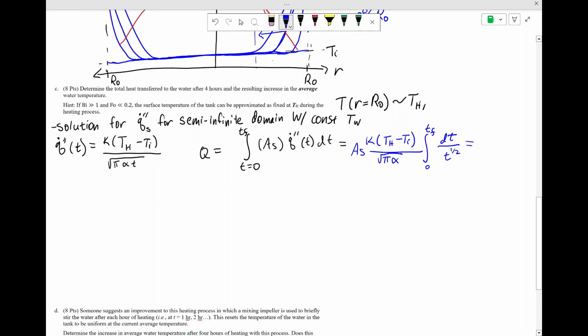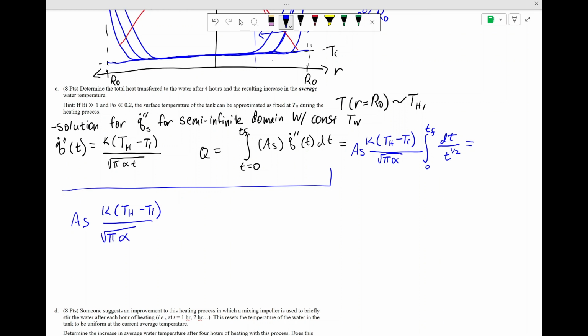This will work out to AS times k(TH minus TI) over the square root of pi alpha, and then we'll take that integral, so we'll have a 2 times t to the 1/2 evaluated from 0 to the end of our process, TF.